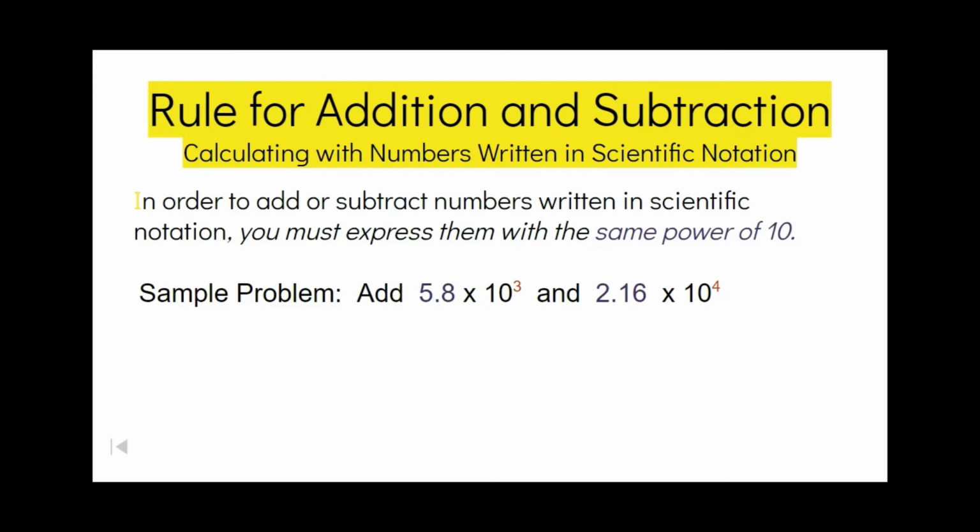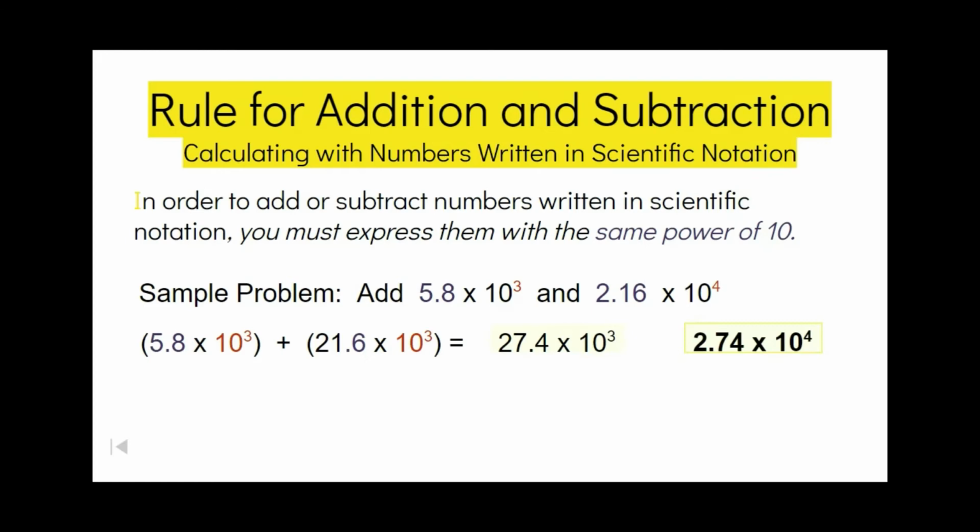Because these exponents don't have the same power of 10, I have to find a way to make them equal. That means that one of these numbers will have to have a decimal point moved. So 2.16, if I move the decimal point one to the right, now I have 21.6, and that makes it to the power of 3.